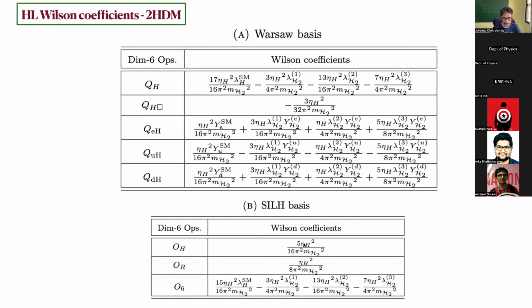If you do include those contributions, you'll find there are some additional contributions to the existing operators in terms of Wilson coefficients, which are basically the light-heavy mixing. And once you include them, then you can say up to one loop your integrating out is complete, and you get the complete Wilson coefficient corresponding to each and every operator. And then your analysis will be more robust. You are not missing out anything.